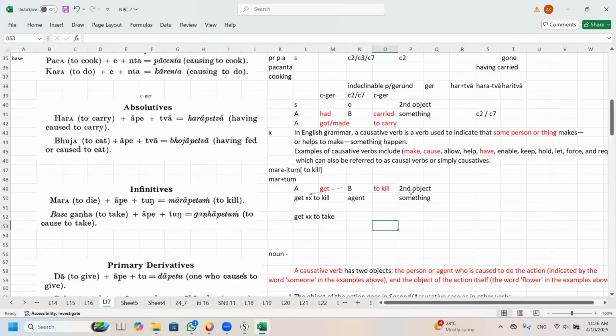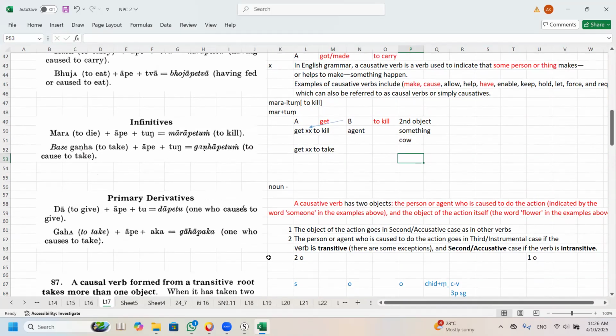You can see a second object: agent to kill something, that means kill a cow, kill a goat, whatever. So something means a cow. This is the second object, and this is the first object. Understand? Two objects. A causative word has two objects: a person or the agent who is caused to do the action, indicated by the word someone.